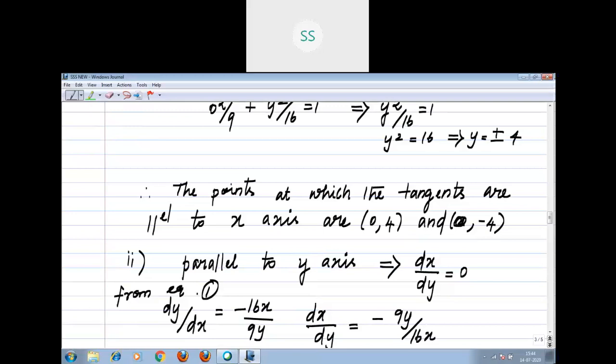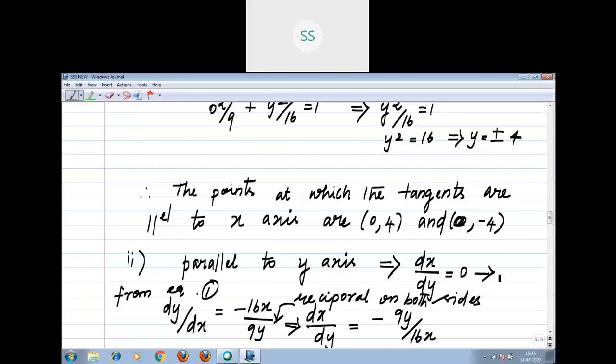From equation 1, dy by dx is minus 16x by 9y, which implies, taking the reciprocal on both the sides, dx by dy equal to minus 9y by 16x.